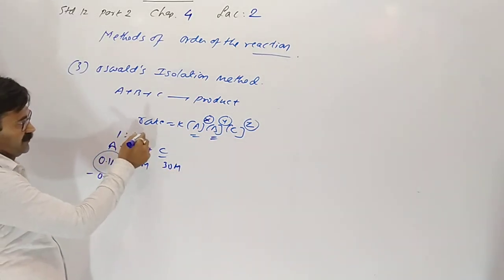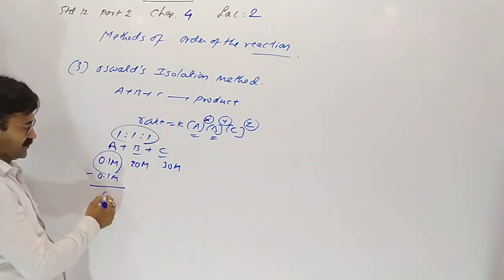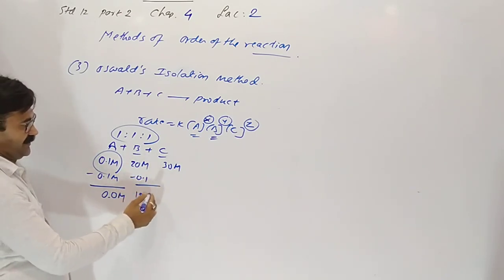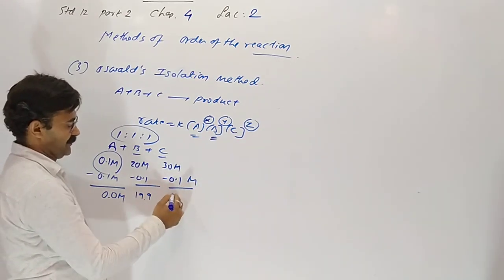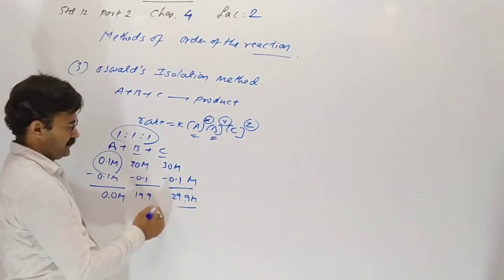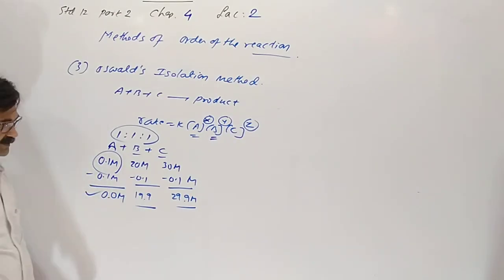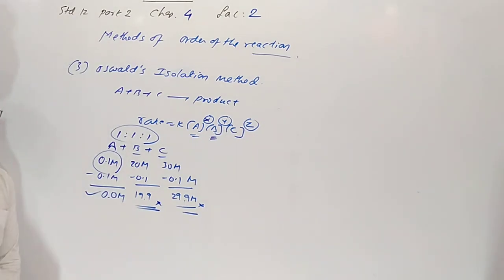Here the ratio is 1 to 20 to 30. Suppose 0.1 molarity is used, so A becomes 0, B remains 19.9, and C remains 29.9. So we can say A is completely used, while B and C are negligibly used.